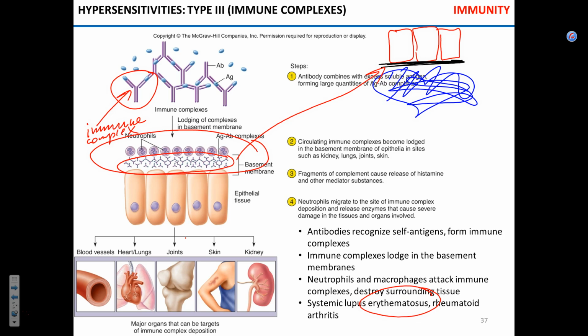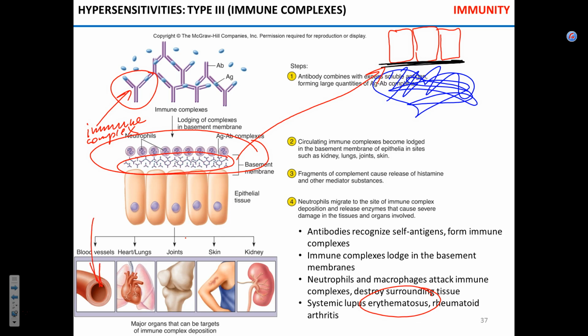In lupus, what does a patient experience? Well, I wouldn't say first or second or third, just symptoms. Blood vessels. Endothelial cells, the cover of the internal surface of the blood vessels.